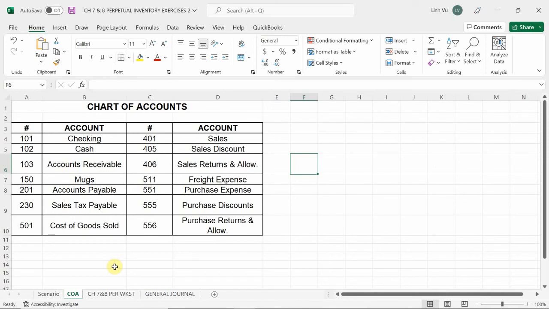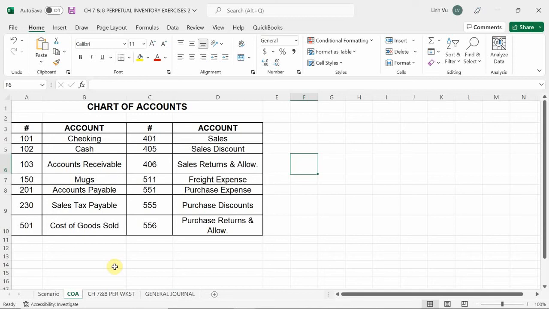So in this case, I sold 100 mugs for cash. So what did I receive? Okay, you received cash. What else happened? You do sales tax. Sales tax. What else?